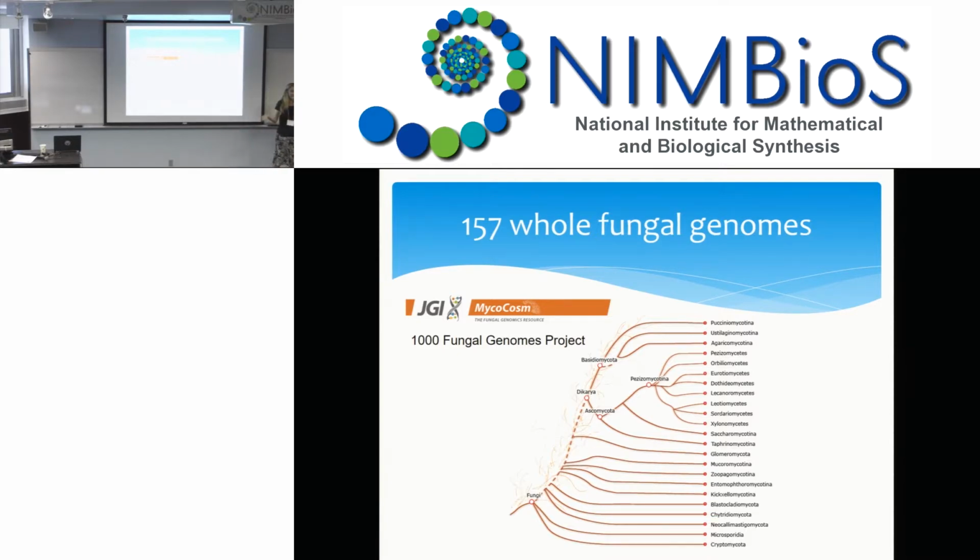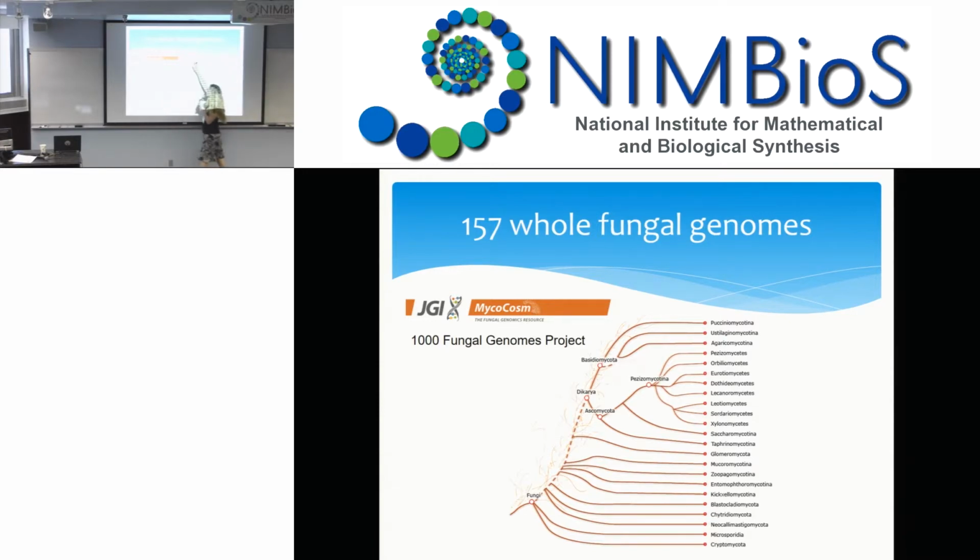Now it's probably up to 500 or so. They're working really fast. I understand that 157 whole genomes does not seem like a lot to people who study bacteria. I think there's probably like 70,000 whole genomes of bacteria, probably more than that. But fungi are really hard. They're hard to work with. So I'm happy with 157.